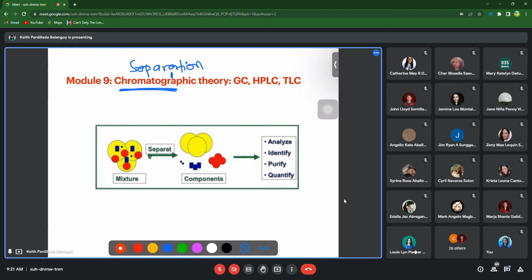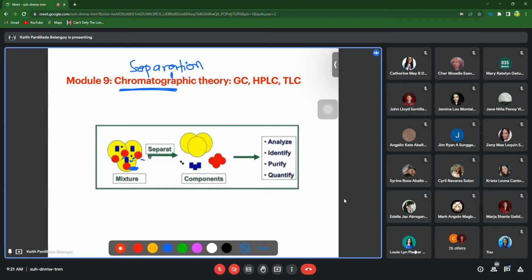So in here, for example, you have a mixture, no? A mixture has different substances present. You have here the red one, the blue one, and the other dot. So, mo signify na ang mixture, daghan gyud siyang sulod. Ang kaning compound, daghan siya.